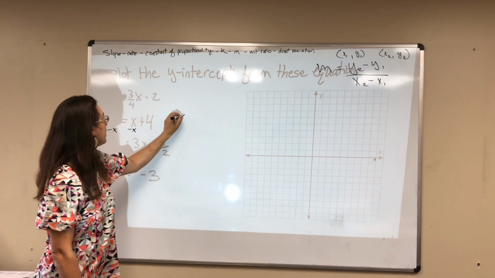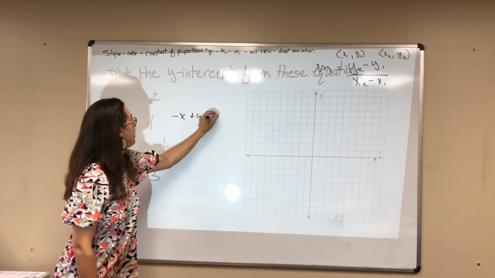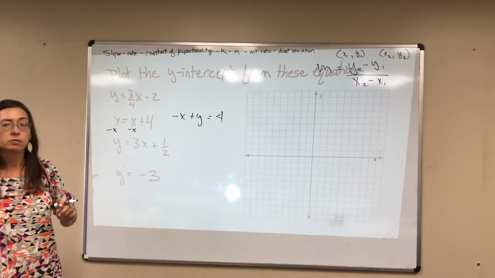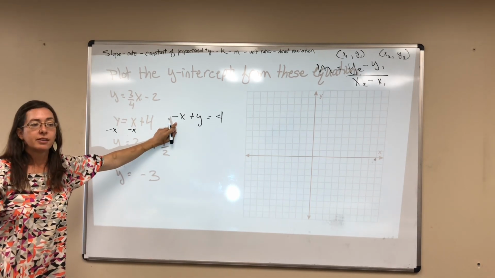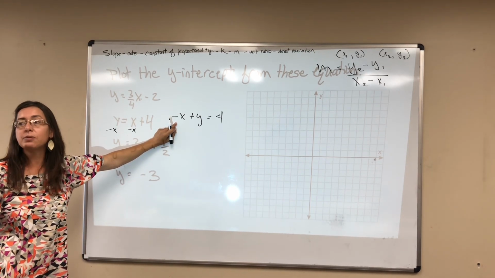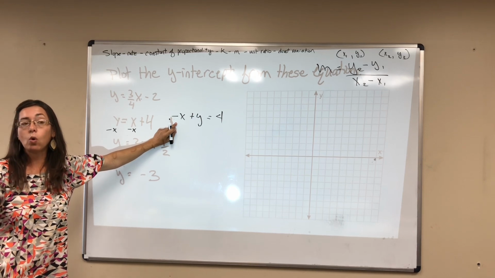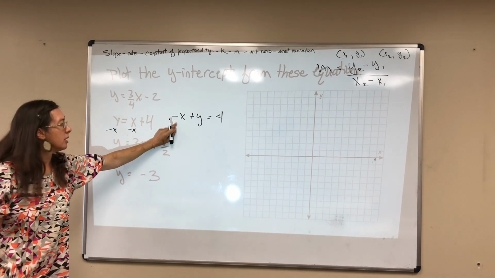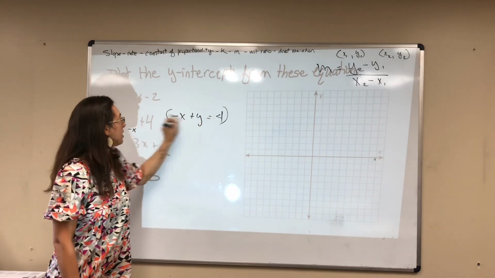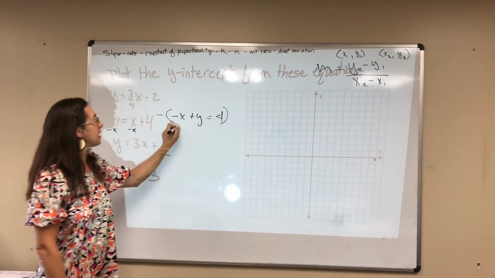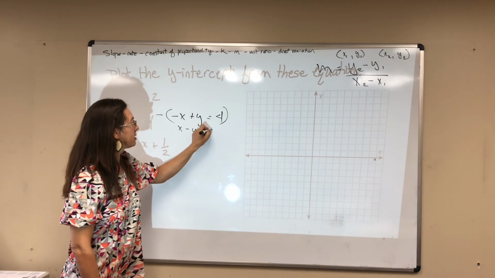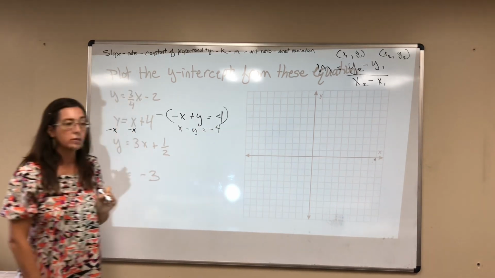So now I have -x plus y equals 4. Now the number one rule is we're not going to lead with a negative or with a fraction. So I can get rid of it by multiplying the entire thing by a negative and say x minus y equals -4. Do you agree with me on that one?